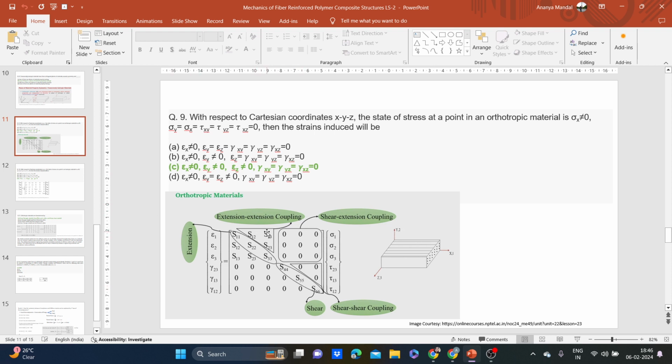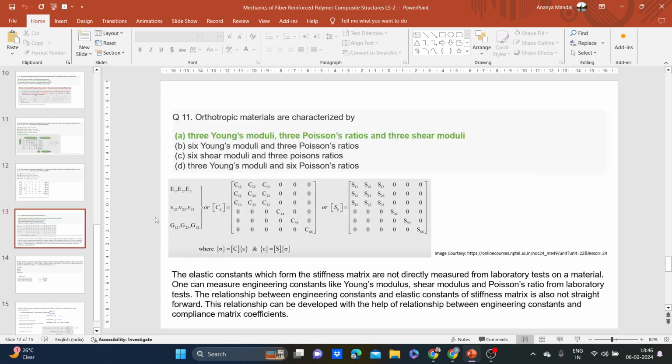So similarly, for different types of material, do we need to remember similar equations for the exam?